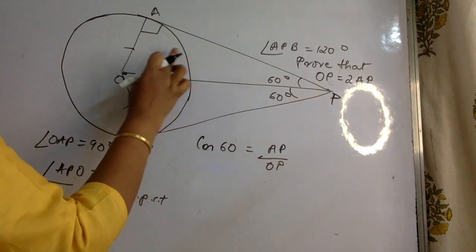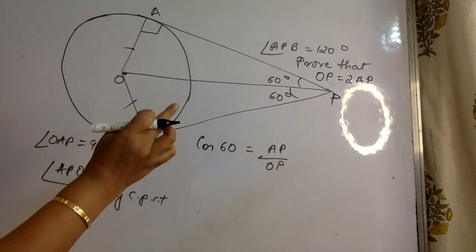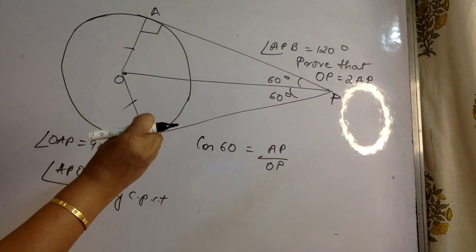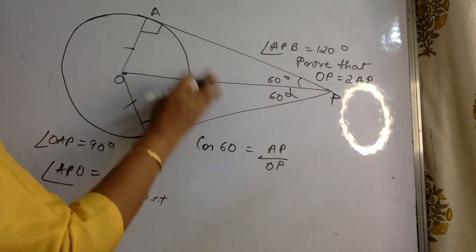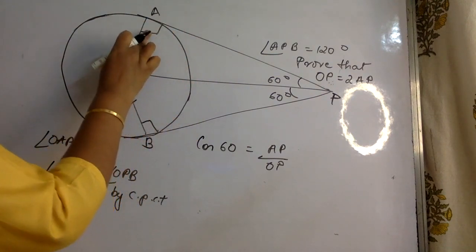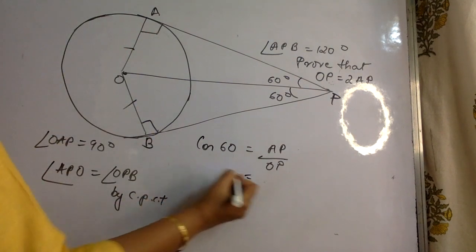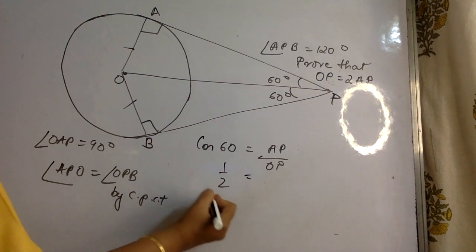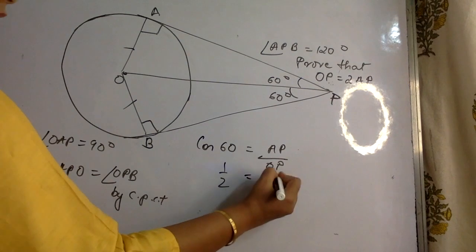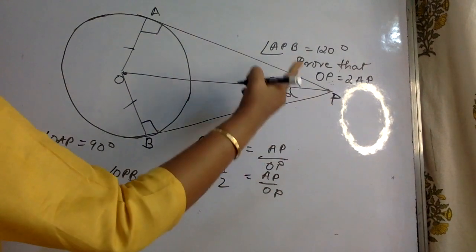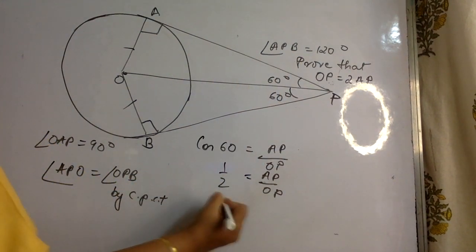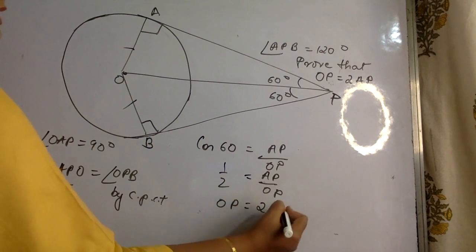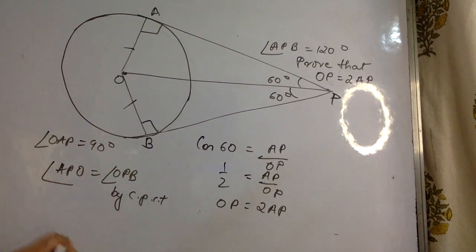Cos 60 is base by hypotenuse. Remember, this is the hypotenuse because this is 90 degrees. So cos 60 is a half, and that is AP by OP. Now if I take that, OP is equal to twice AP, hence proved.